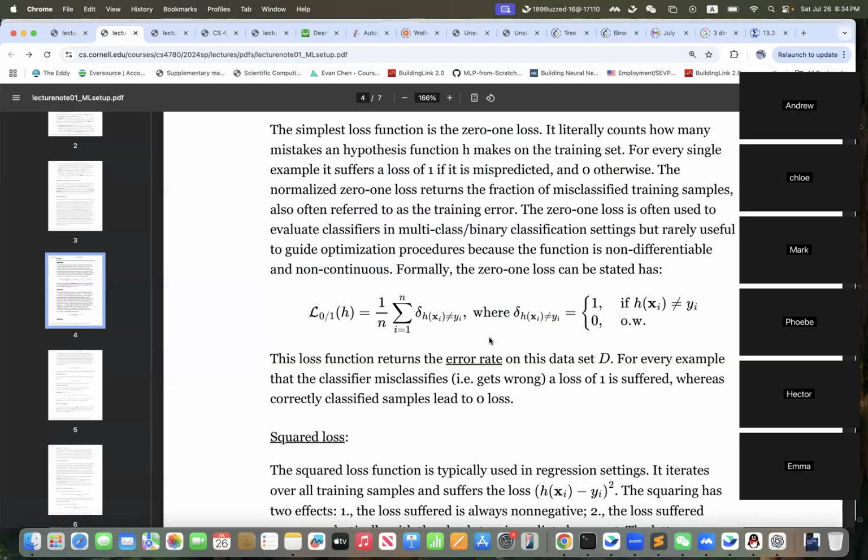I mean, you can give a guess. It says if h(x_i) is not equal to y, then it's 1, and otherwise it would be 0. Yeah, cool. So let's ignore the 1 over n. Can you explain this as a whole? What are we doing here?